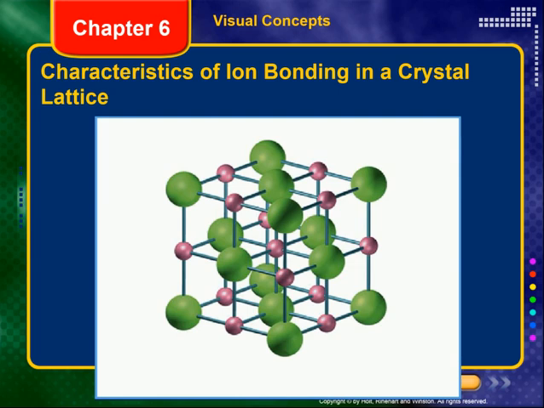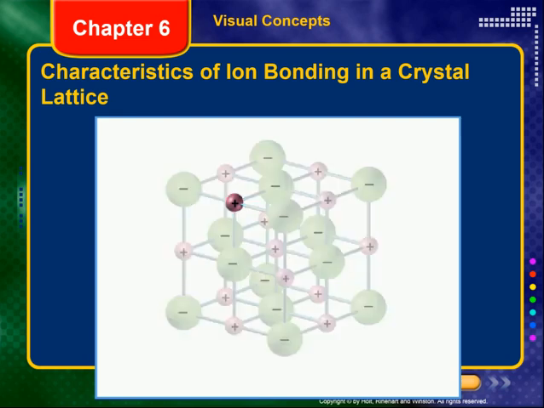Bonding in a crystal lattice is controlled by the size of the ions involved and the stability of the final structure with respect to positive and negative charge. The attraction among ions occurs in all directions. In sodium chloride, there is 1 sodium ion for every chloride ion.